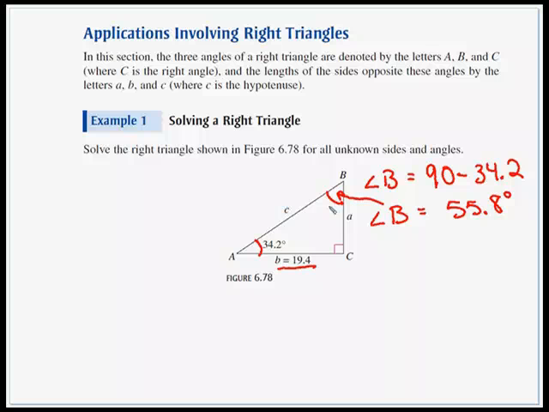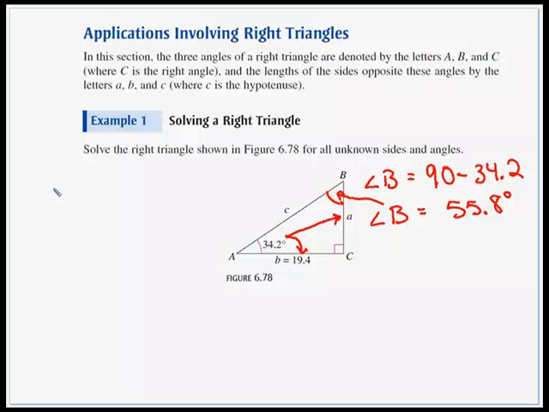Now we've got to find the missing sides a and c. Let's see. I'm going to go from angle A, and if I want to find side a, that is the opposite side, and the side that we know is the adjacent side. So I ask myself, what trig function deals with opposite and adjacent?